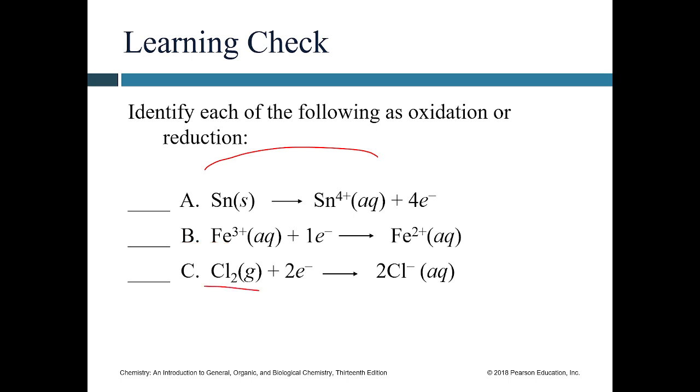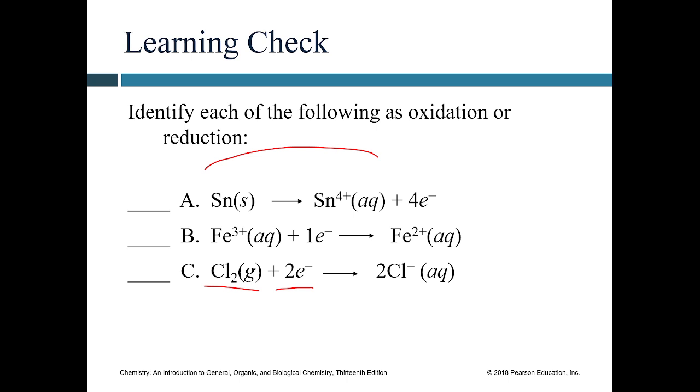Okay, how about this one? Are we gaining or losing electrons? There's an easy hint to give you. We're gaining electrons, aren't we? Because it's on the reactant side that the electrons are. Okay, and so that means it's a reduction.